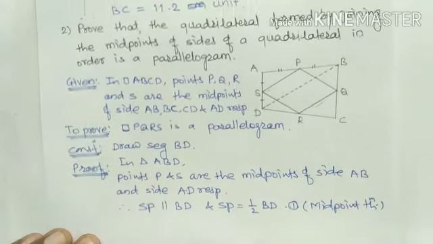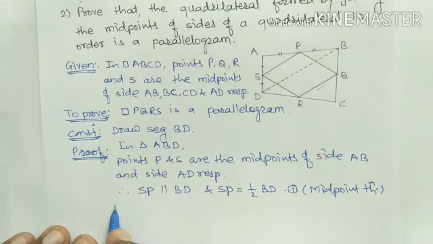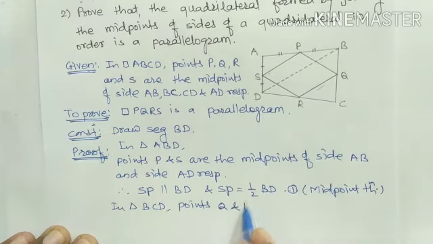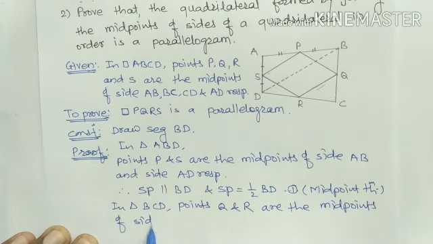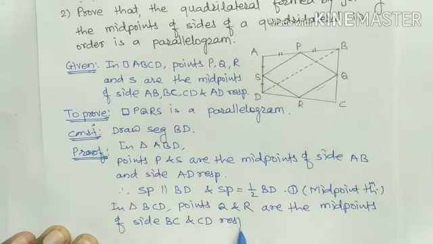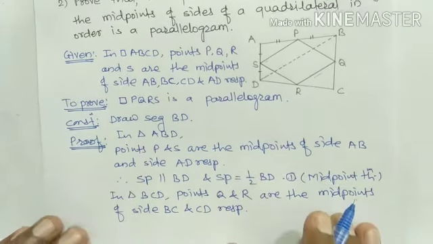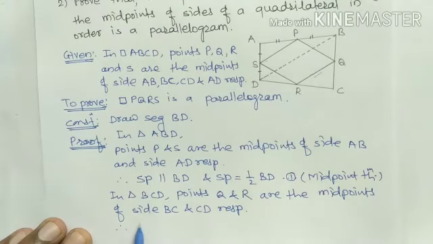Number 1. Now in triangle, see in figure, BCD, points Q and R are the midpoints of side BC and CD respectively, and therefore this QR is parallel to BD.